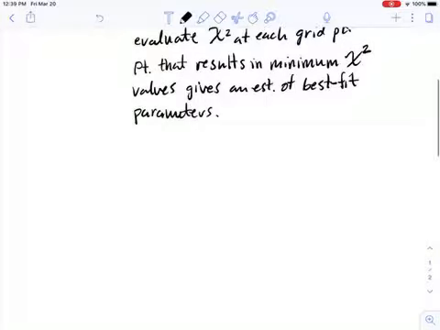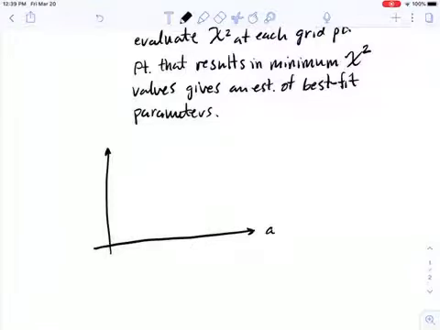So as a picture, what that looks like, if we had a two-parameter fit, for example, maybe this is the A1 axis and A2 axis. Those are your two fit parameters. Then this is the minimum value of A1. This is the maximum value of A1. And same thing for the A2 parameter.